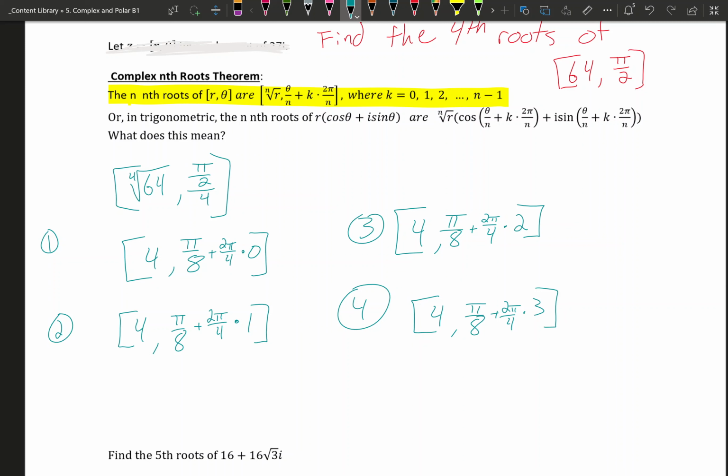Our first root here is going to be just that base one of 4 pi over 8 because 2 pi over 4 multiplied by 0 is 0. This one is going to be 4, and then 2 pi over 4 is 4 pi over 8, so this will be 4, 5 pi over 8.